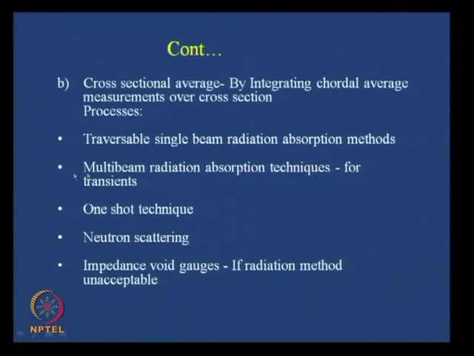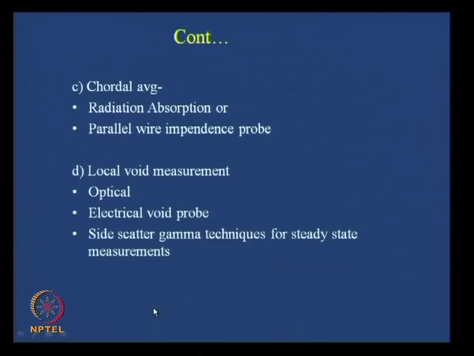This multi beam radiation is useful for transient measurements, or the one shot technique which I was telling, that a large source can be used with special collimators. Neutron scattering can be done, and impedance void gauges can definitely be used when radiation methods are unacceptable, which was the case for my particular situation.